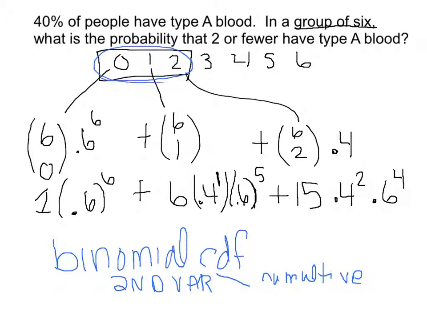But if you type this into your calculator as 6, 0.4, 2, it will add up 0, 1, or 2 for you and give you your answer in a single press of the button. The final answer, whether you do it the long way or you use your calculator, you get 54%.